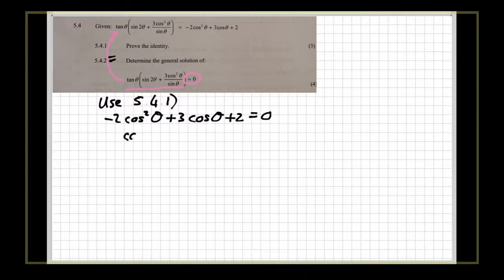So in other words, let's just divide by negative, so I've got 2 cos squared theta plus or minus 3 cos theta minus 2 equal to 0.